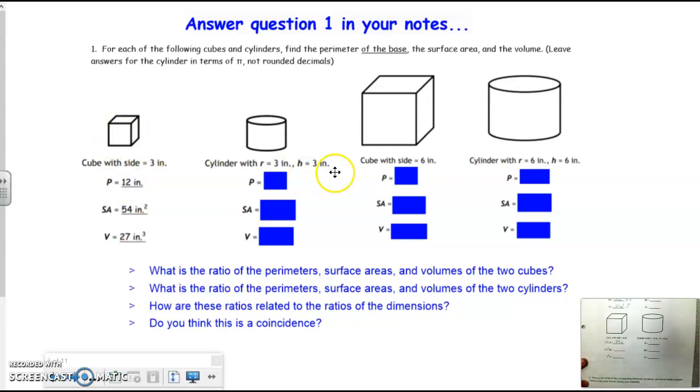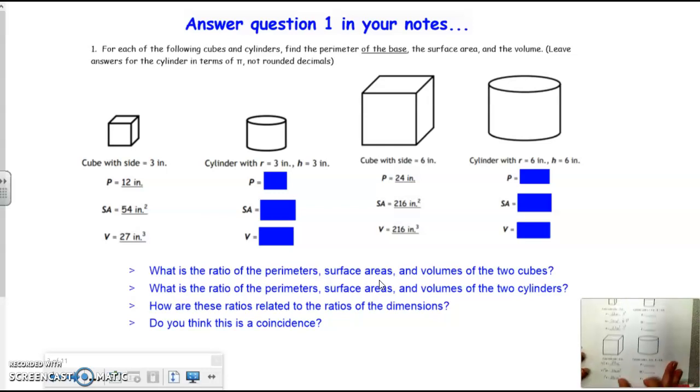And then the surface area is 6 squared, which is 36, times 6, which gives us 216 square inches. And then 6 cubed would be 216 cubic inches. Okay, remember this is area and this is volume.